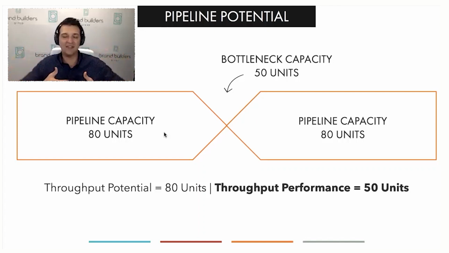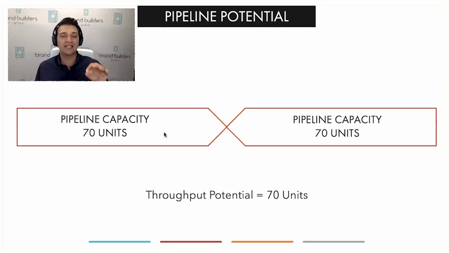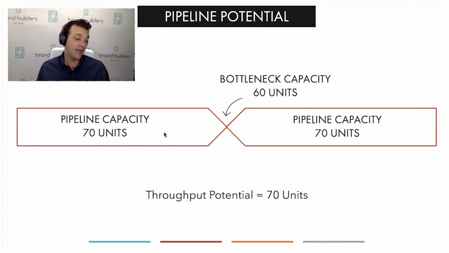So the fact that it has the potential to operate at 80 units is irrelevant, because it's restricted by the capacity of the bottleneck. Similarly, to accentuate the point, let's say you have another pipeline with a throughput potential of 70 units, and its bottleneck capacity is 60 units.